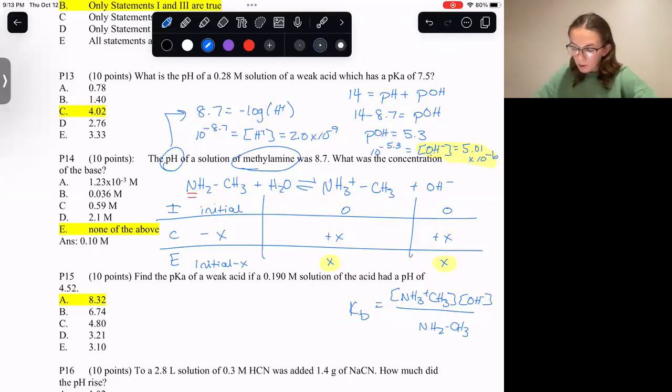So since these are both X's, and that matches the same concentration as our OH minus, we can just call that squared because it'll just be the same thing times the other one. Does that make sense of why it's squared?